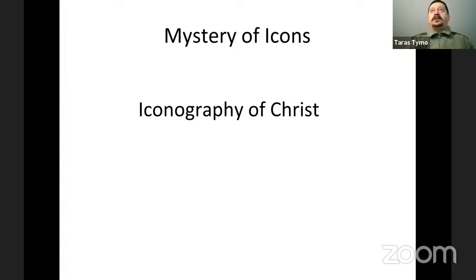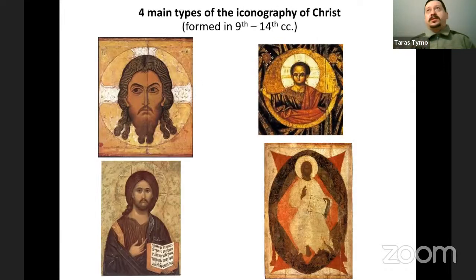There are many types of iconography of Christ, but the main ones are four. There are four main types that developed through the centuries, starting with the early Christian period, but took their final shape in the 9th to the 14th century, in the late post-iconoclastic Byzantine period.